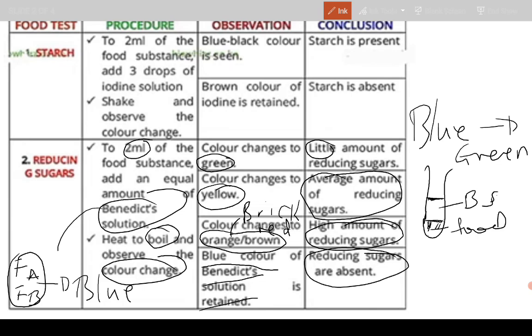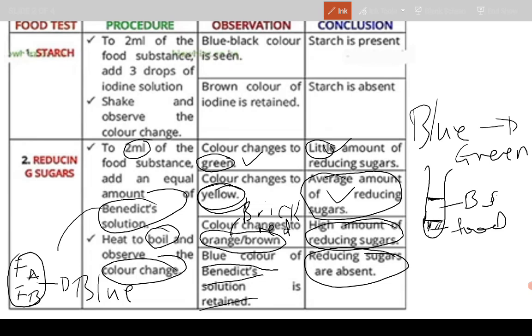So take note that there is no single result in testing for reducing sugar. Blue changing to green is an indication that there is sugar, but in a little quantity. If the color changes from blue to yellow, it's an indication that there is just an average amount of the reducing sugar.